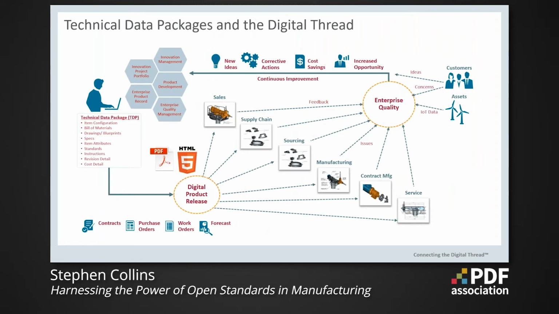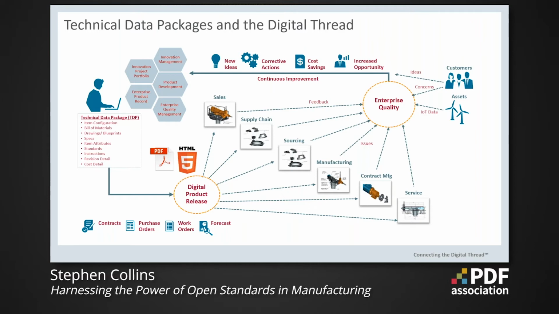So let's drill down a little bit now on the concept of a technical data package, which in the manufacturing community means a lot, and this is an area where PDF, and particularly 3D PDF, often plays a very strong role as a delivery vehicle and an access point for sharing packaged technical data of a variety of forms that the downstream consumers throughout manufacturing, engineering, supply chain, service, and contract manufacturing can access the important information that they need to do their jobs.